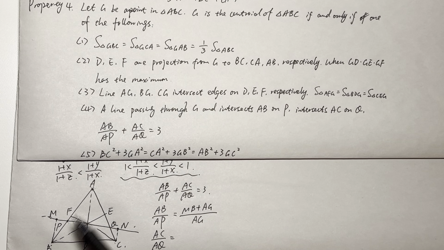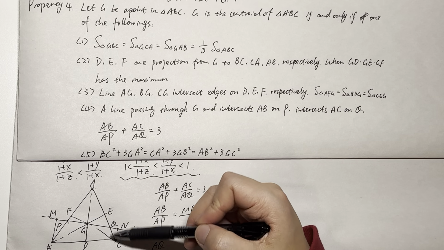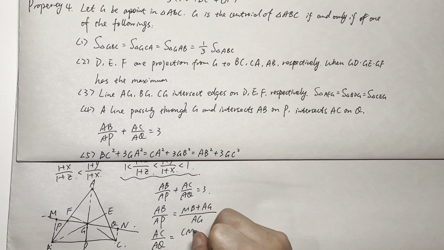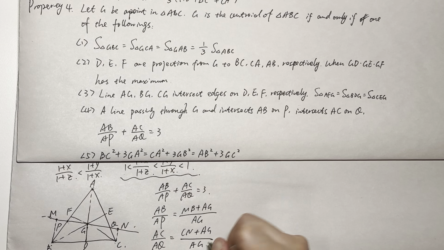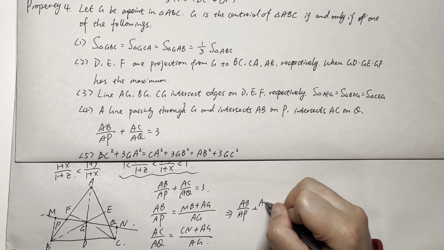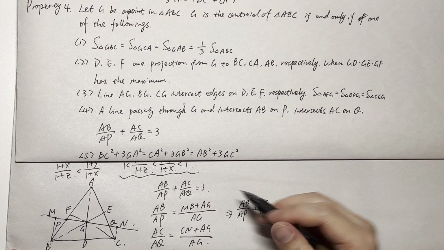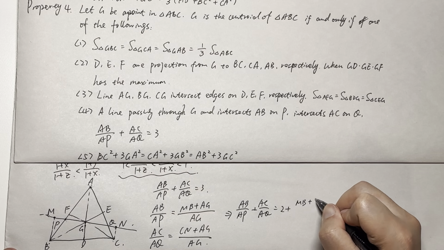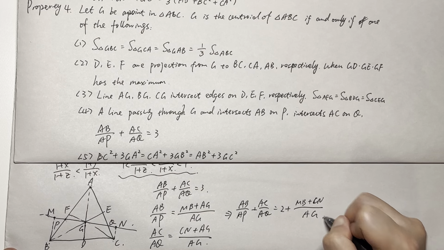AB to AP equals MB plus AG to AG. And similarly, AC to AQ equals CN plus AG to AG, which means AB to AP plus AC to AQ equals 2 plus (MB plus CN) to AG, right?